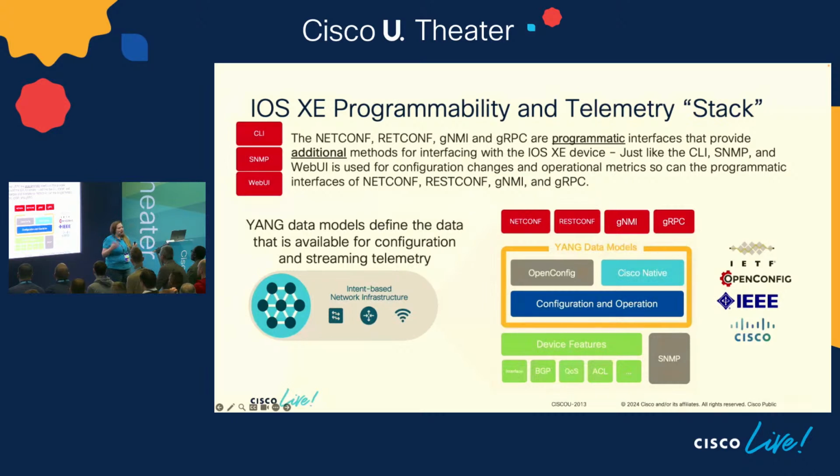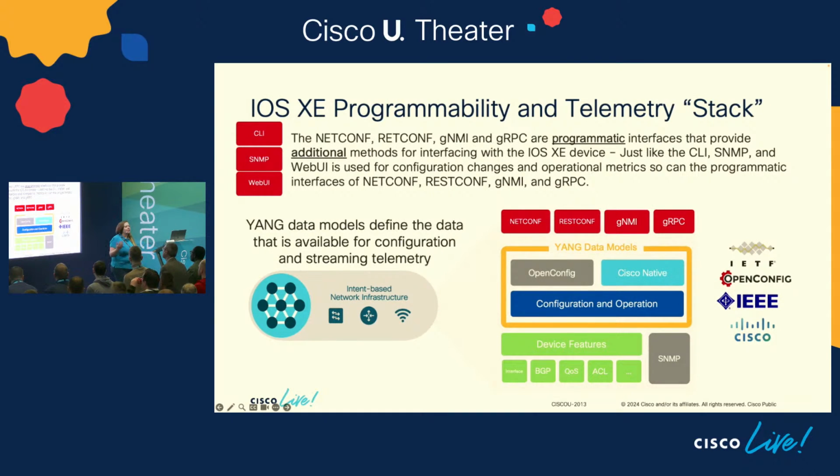So these will be for basically any different type of device that you have, Cisco or non-Cisco. You can use OpenConfig models to configure all of them. Now, the Cisco native ones, you can get more granular with them. You can make more specific Cisco changes based on the Cisco features. OpenConfig is more generic, so that's the difference there.